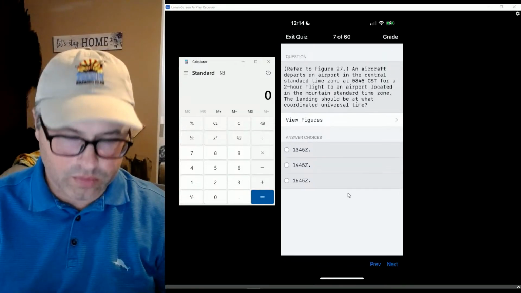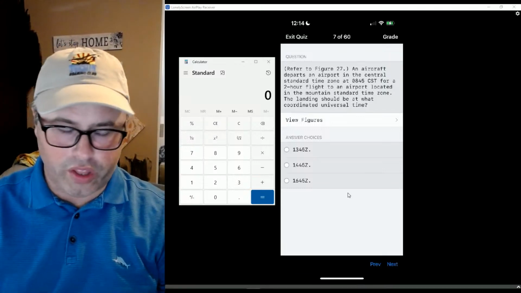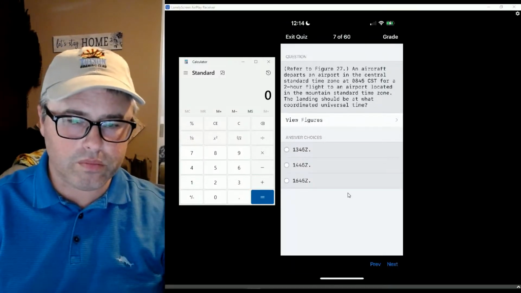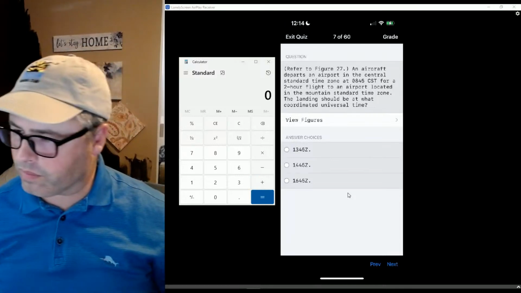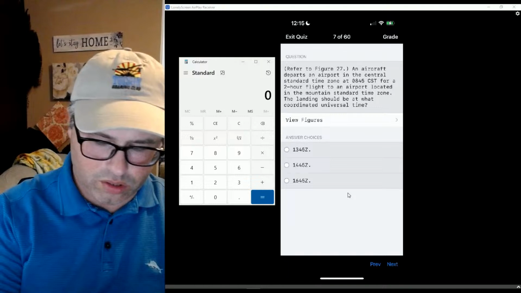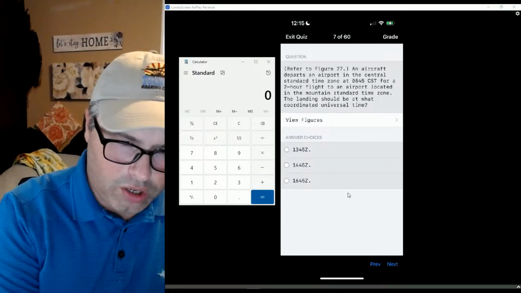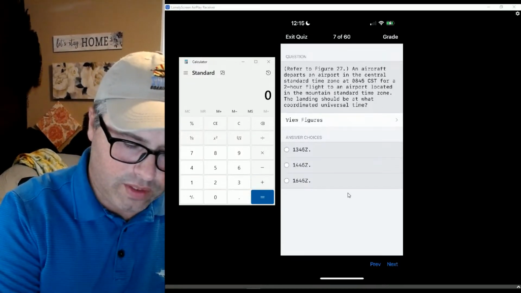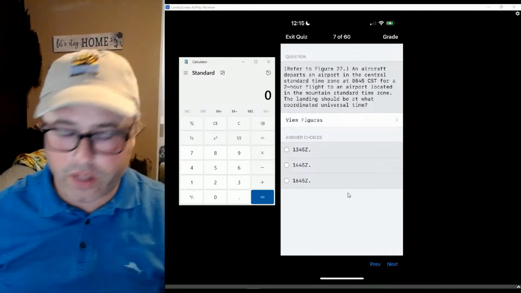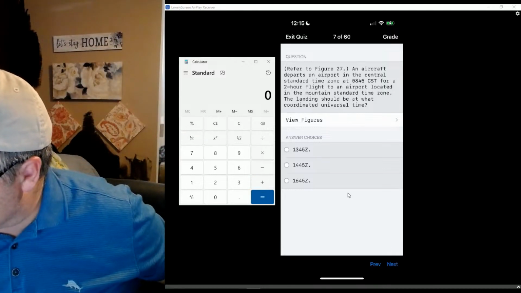So we go to the map of time zones for the country. Starts at 08:45 CST, 2 hours. I'm just writing this down so I don't have to jump back and forth between the question and the book.